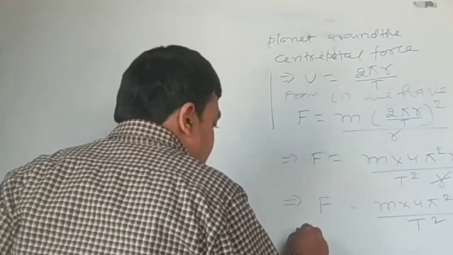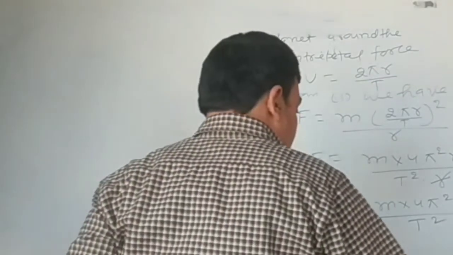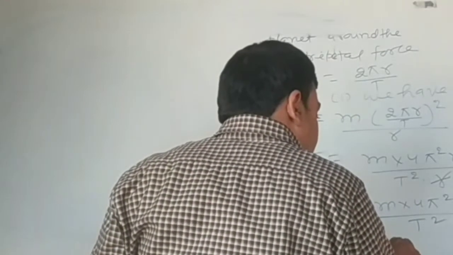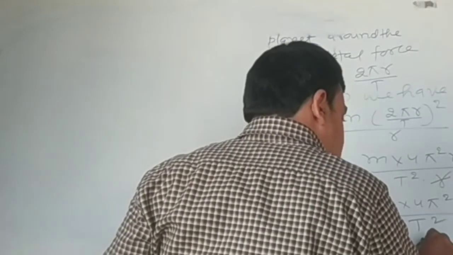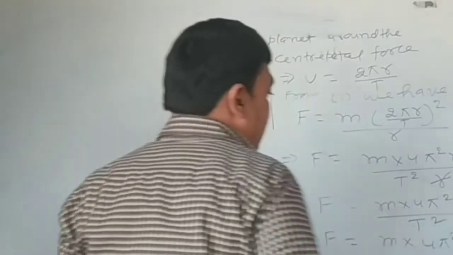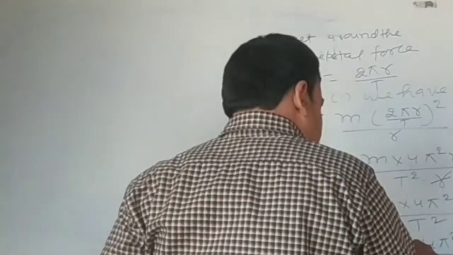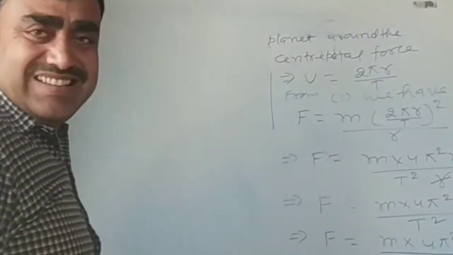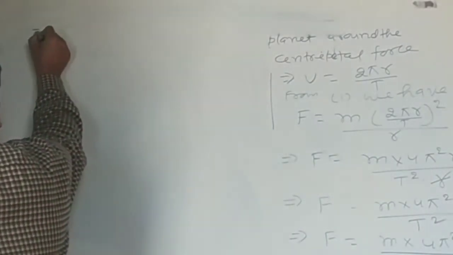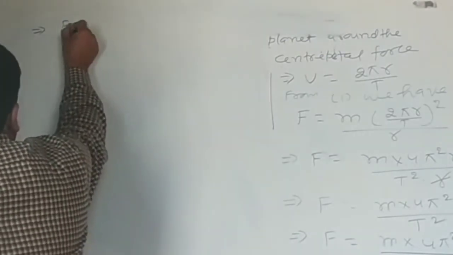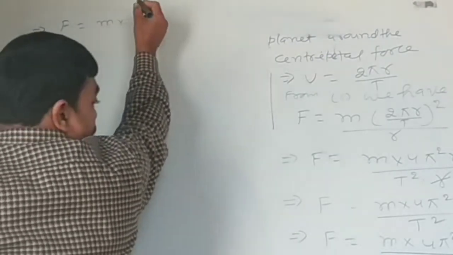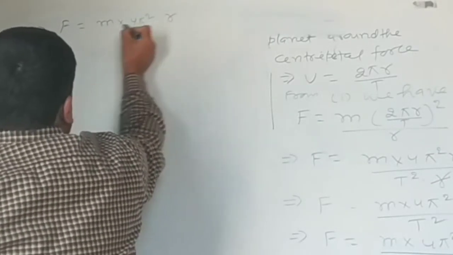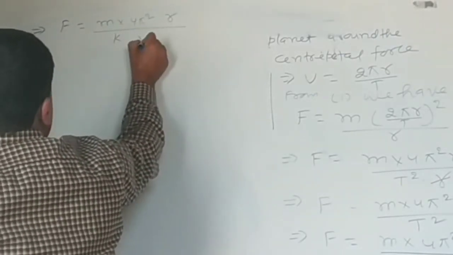Okay, that implies F is equal to m into 4 pi square r upon K into r cube.